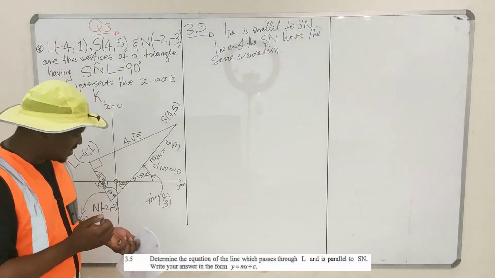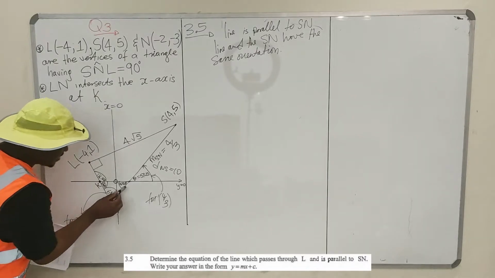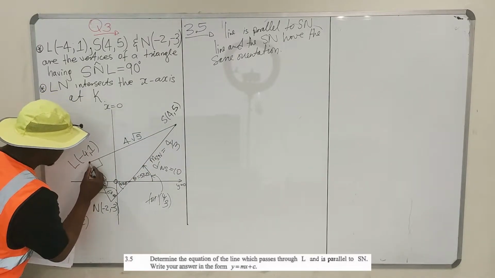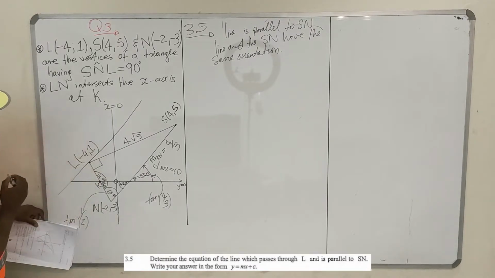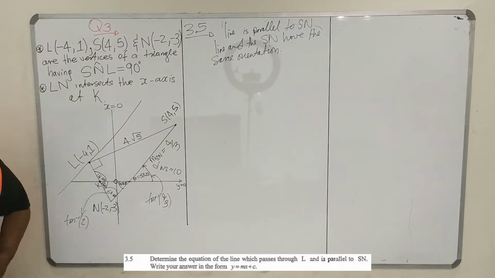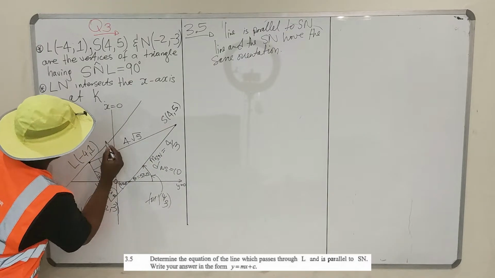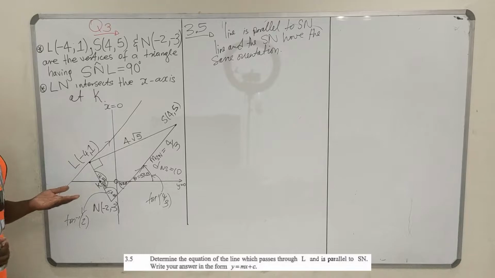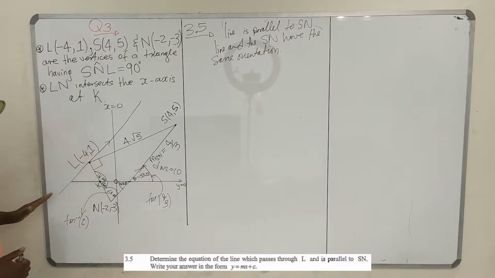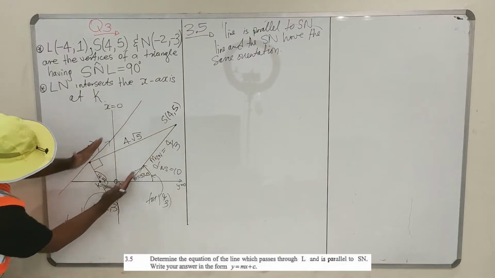So if SN is like this, the line that passes through this one will also be like that. You can see that they should have the same orientation. That's what parallel means. So this is how this line will look like. It will have the same orientation as that one.